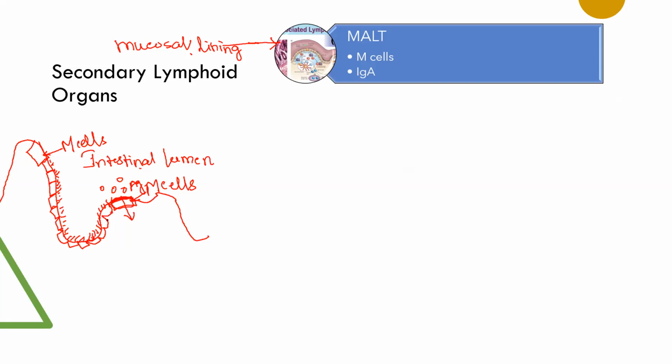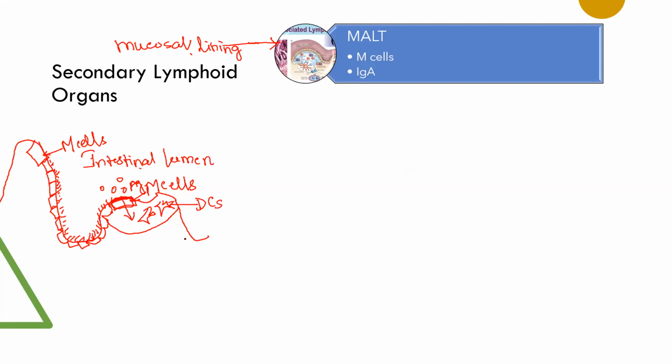Below this, we have antigen presenting cells, particularly the dendritic cells. So immediately below the M cells, we have our dendritic cells.